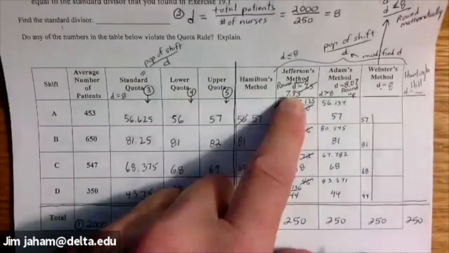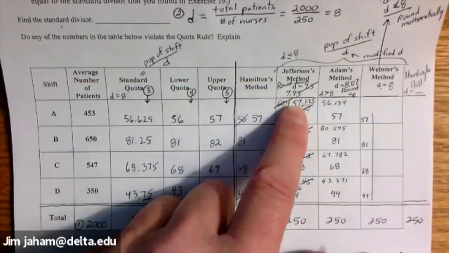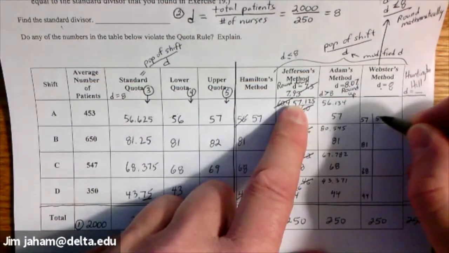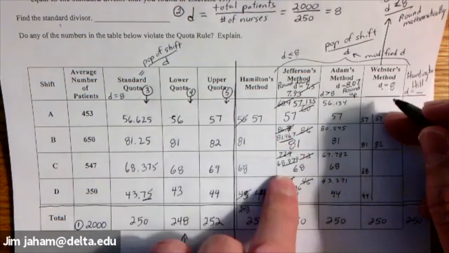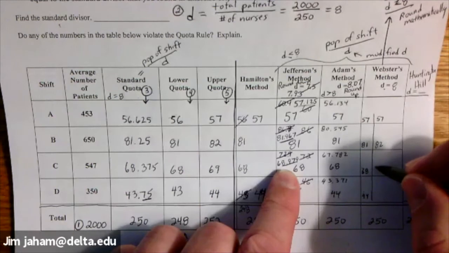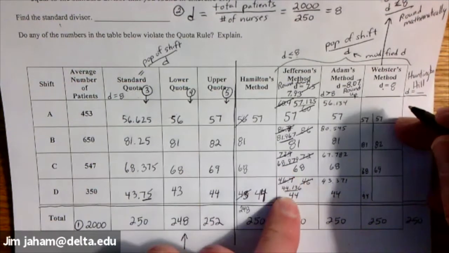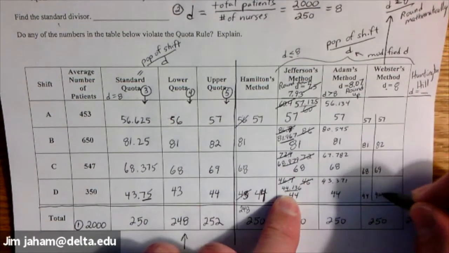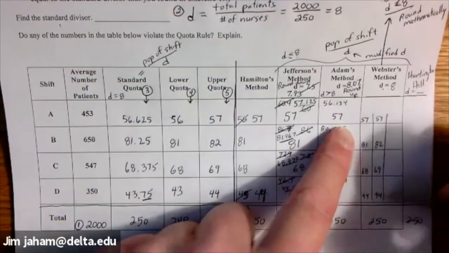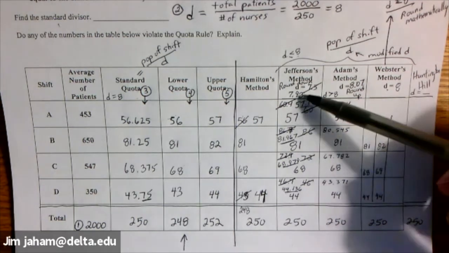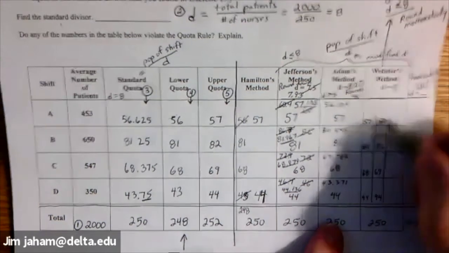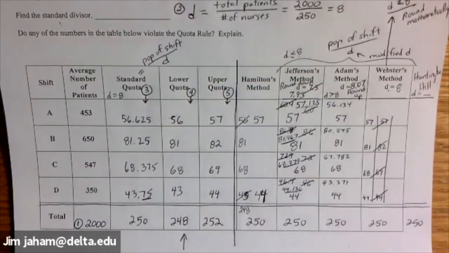What if we used 7.93? We got that decimal. That would round to 57. That one would round to 82. This one would round to 69. And this one would round to 44. And when you add those together, you get 252. Okay, so D equals 7.93 is not going to work because it leads to too high of a number of nurses.